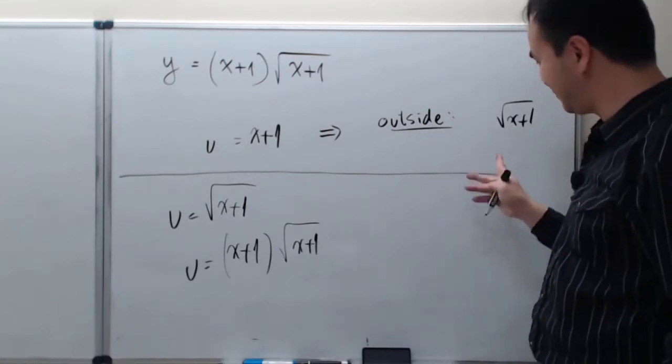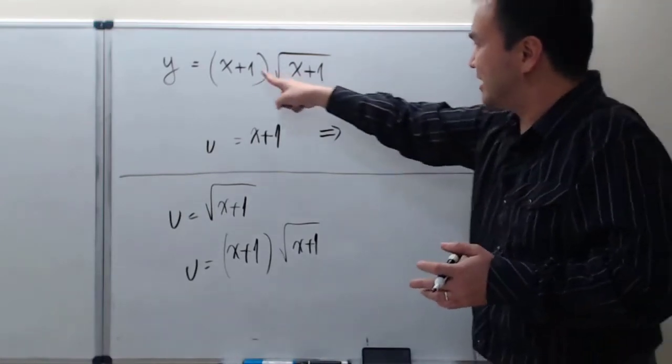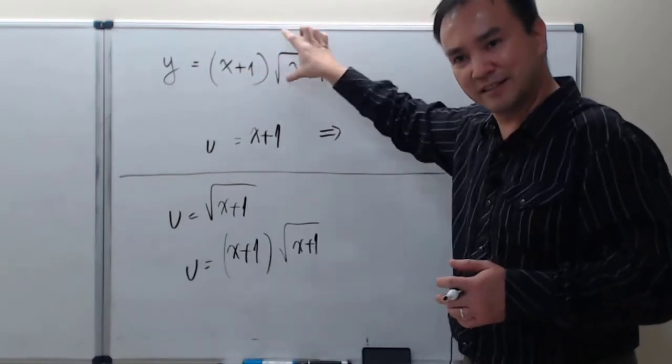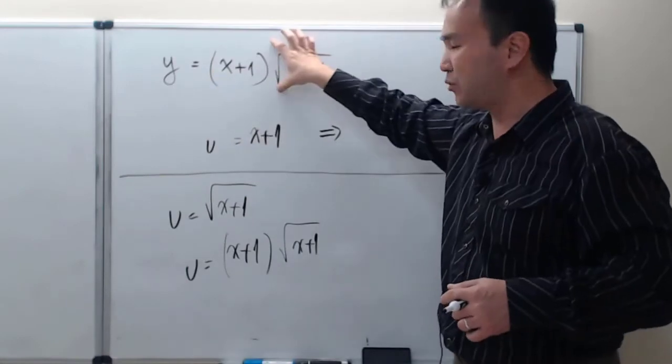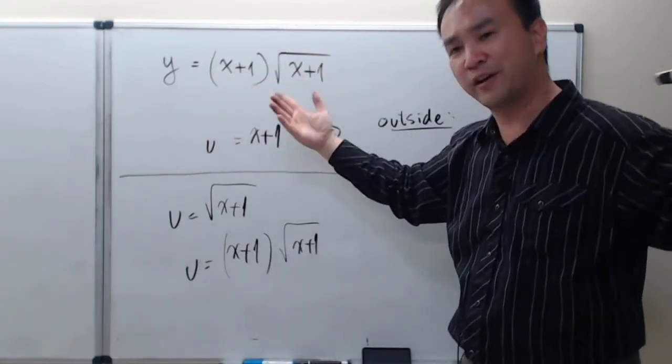It makes sense that people think that way, because this is inside parentheses and this is outside parentheses. So once we chose that to be the inside, everything else outside the parentheses is called outside.